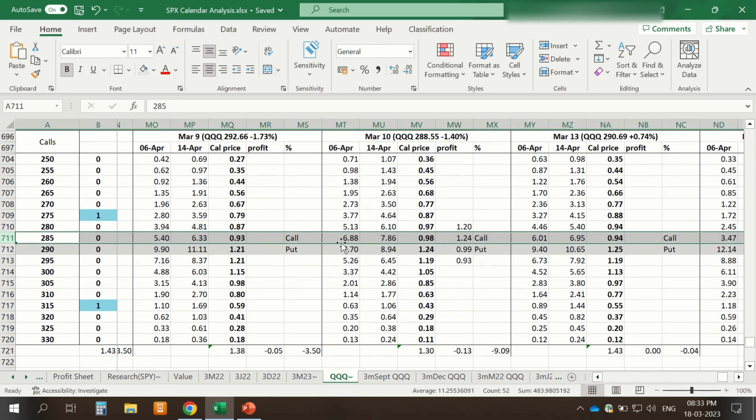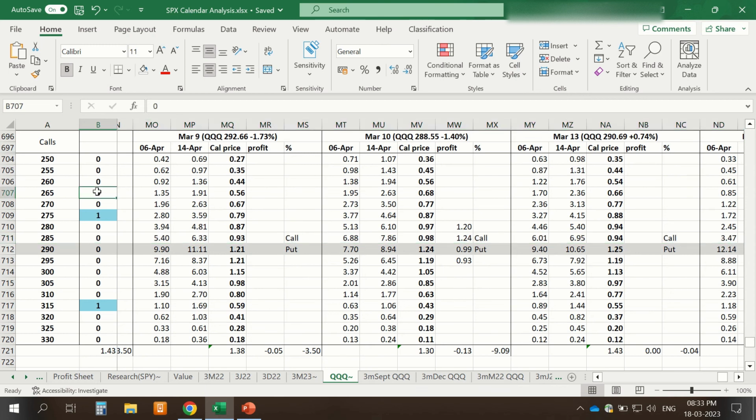The premium is 6.88 for the put and 6.88 for the call, basically the straddle price, call plus put together. So the double will be somewhere around 14 points. I will add extra room and make it 20. So 285 minus 20 will be 265, and 285 plus 20 will be 305.